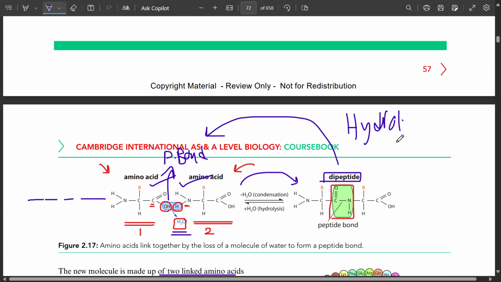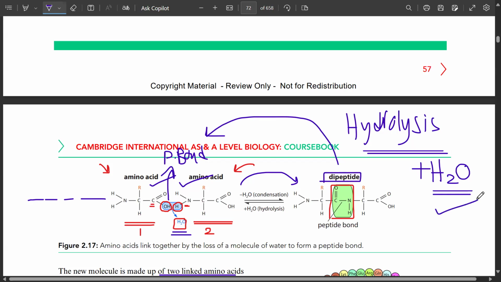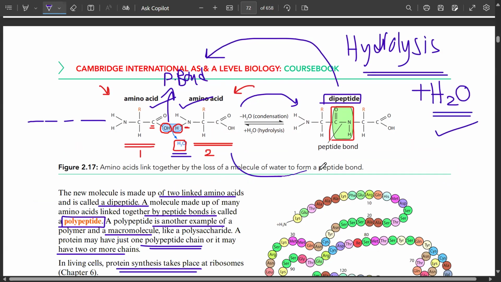hydrolysis. Can you tell me what is hydrolysis? Adding water, breaking something by adding water. And how are they made? Condensation, by removing water. You forgot?